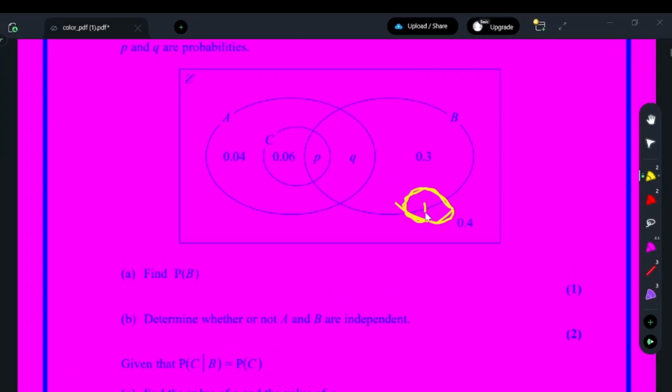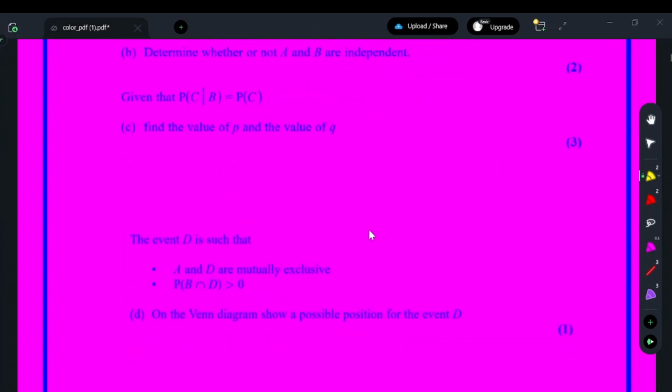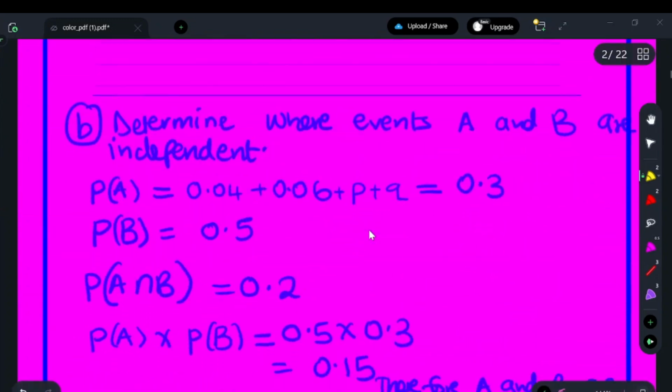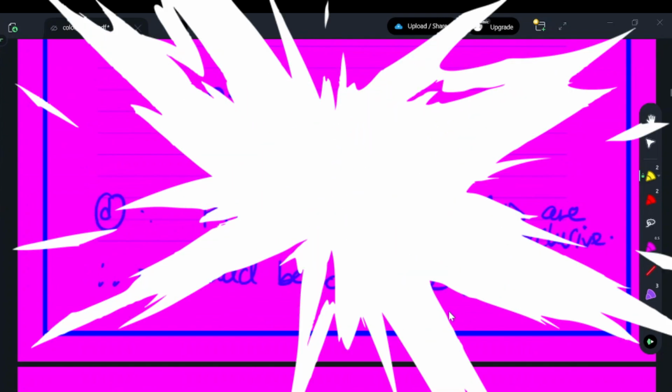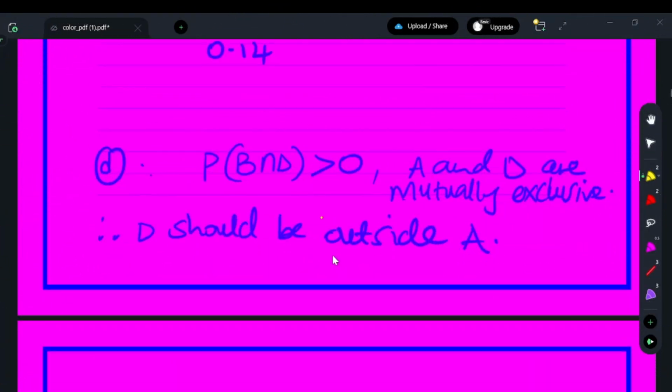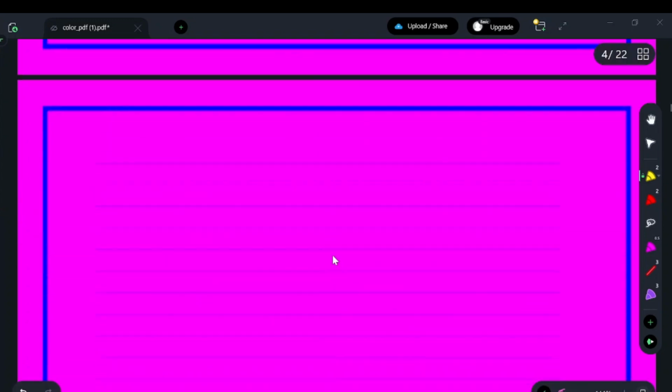That can be D, or we can also have D inside B. Either of these is going to make the event D, because it's mutually exclusive with A, and there is an intersection between D and B. So, as we have said, it shouldn't be inside A, because the probability of B intersection D is greater than 0. And the whole of question 1 is done.